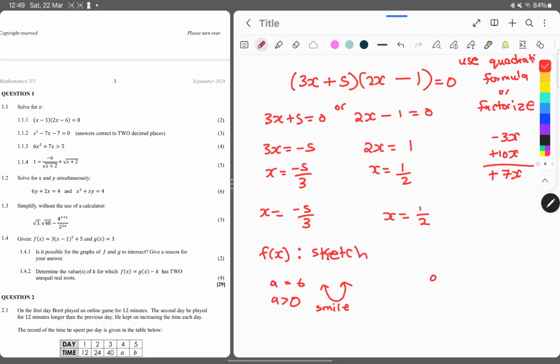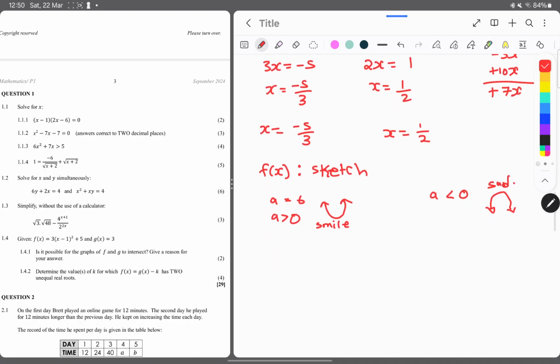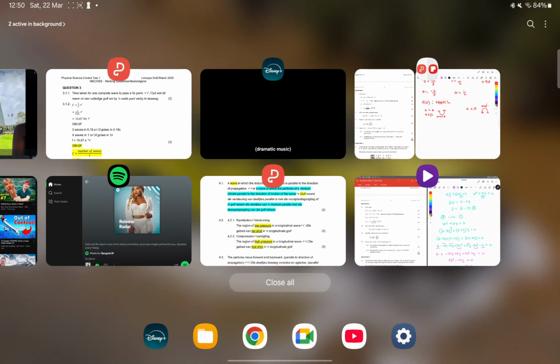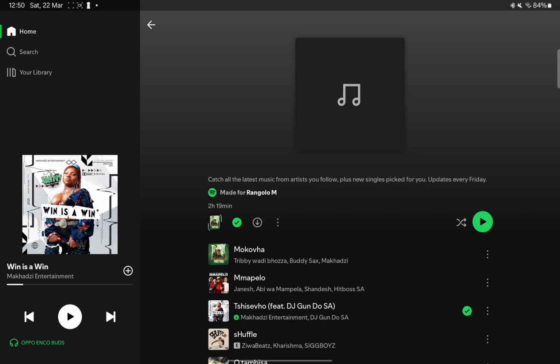If our a was negative, if a is less than 0, the graph is sad, which means it faces negative y values. But in this case, our a is equal to 6, therefore it is positive, and therefore our graph is smiling.